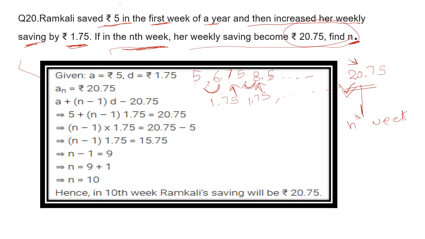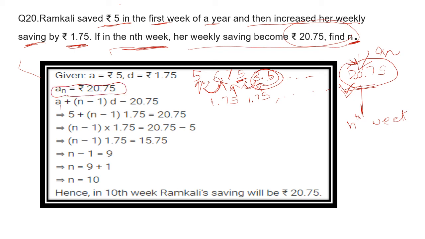So I have assumed this saving as the nth saving. This is the saving for the first week, this is the saving for the second week, the third week, and so on. This is the saving for the nth week. So I am going to put the nth term equal to 20.75.